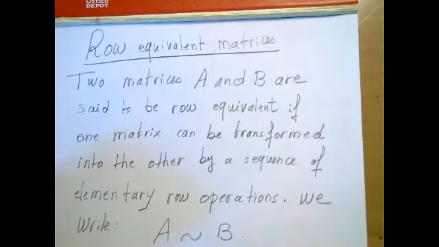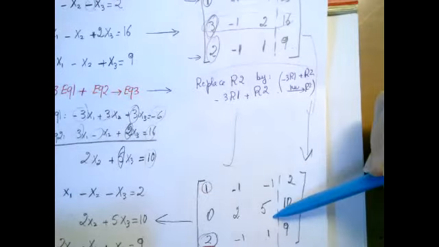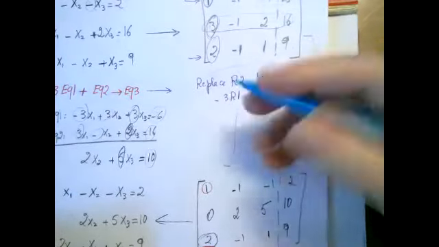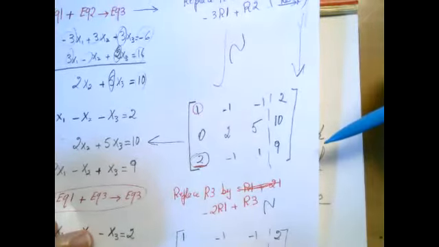What does this mean? It means the following. If I take a matrix and I perform any row operation, I get another one. Those two matrices are called equivalent. So equivalent matrices are matrices that we can get from each other by a row operation.